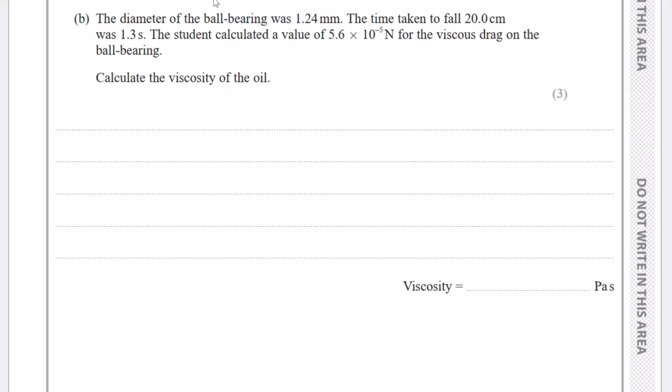For example, you know the distance and you know the time. So the very first thing that should pop up in your head is the equation speed equals distance by time, right? So distance is 20 centimeter.